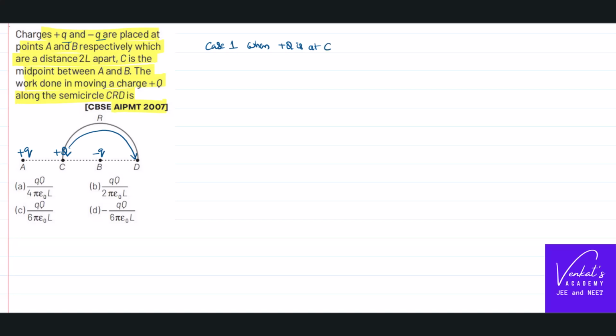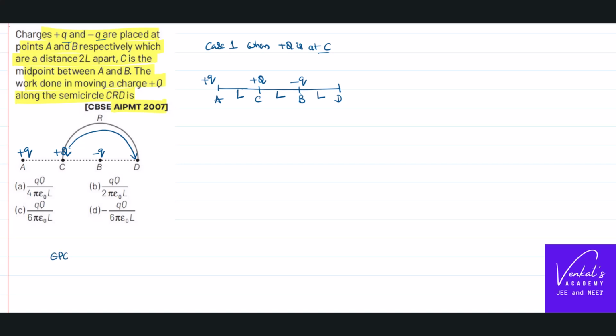Let me draw a diagram for that quickly. This is our A, this is our C, B, D. It is given that at A there is plus q, at B there is minus q, the distance between them is 2L, and this is also obviously L. Now at C there is a charge plus Q, then it is moved to D. When the charge is at C, between these charges there is electrostatic potential energy.